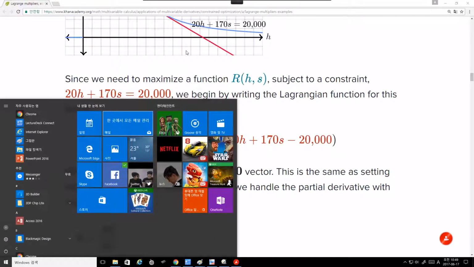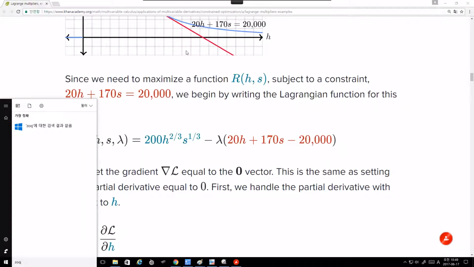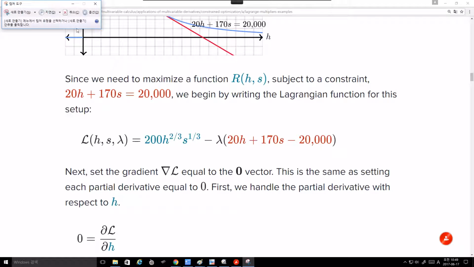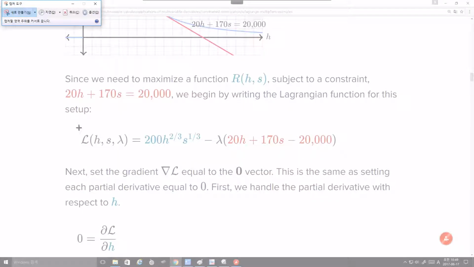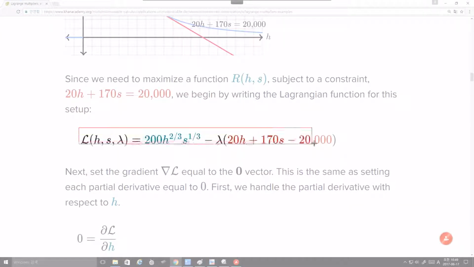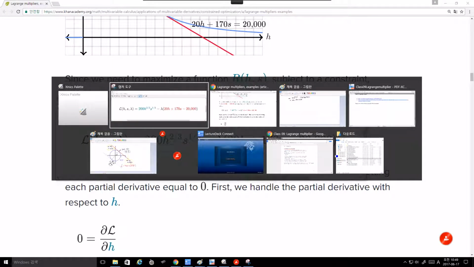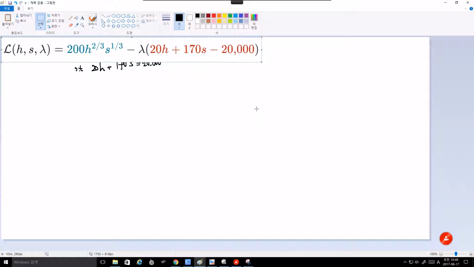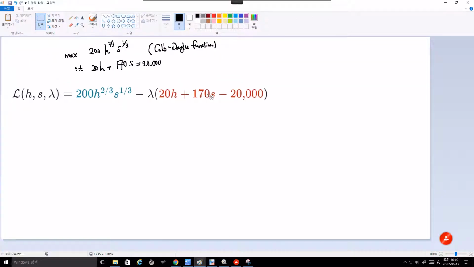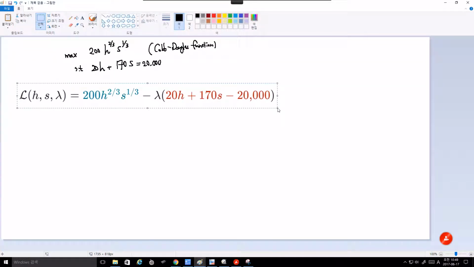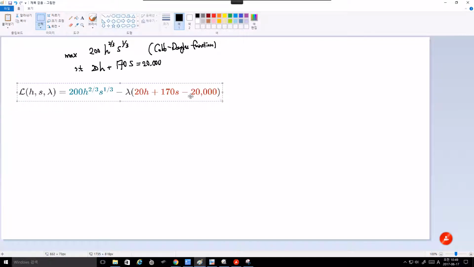Let me capture this one. This is the Lagrangian.